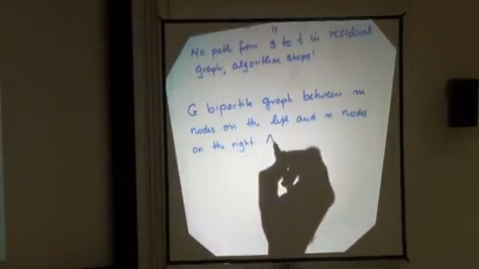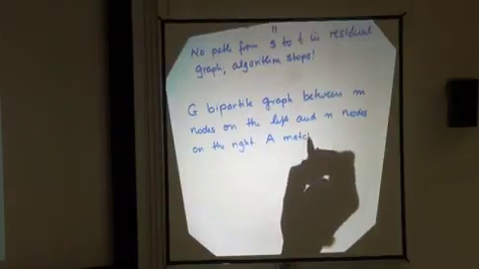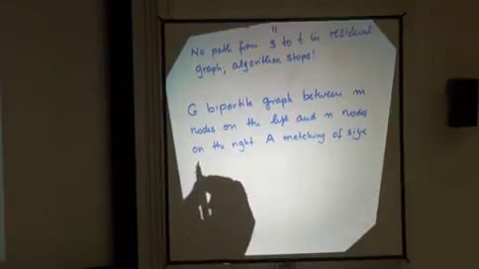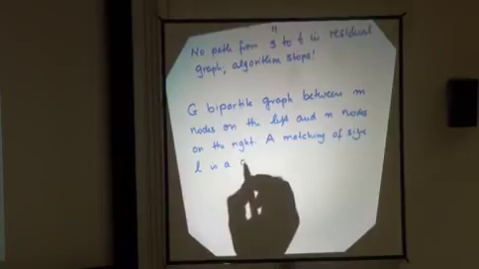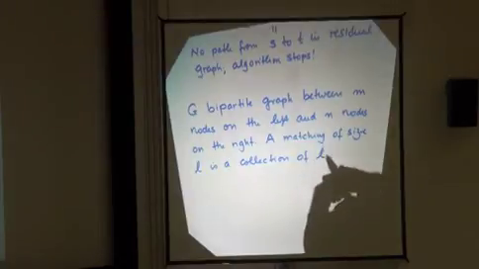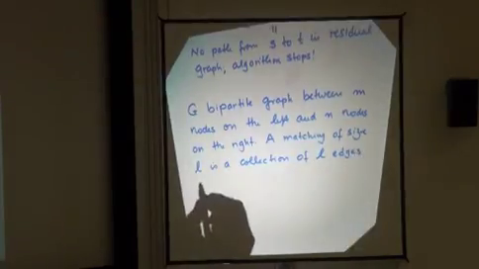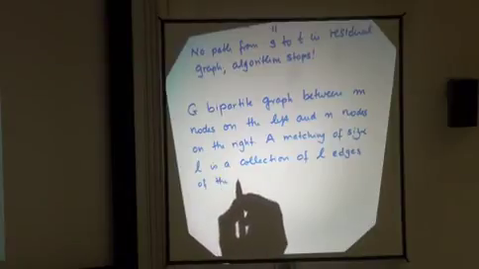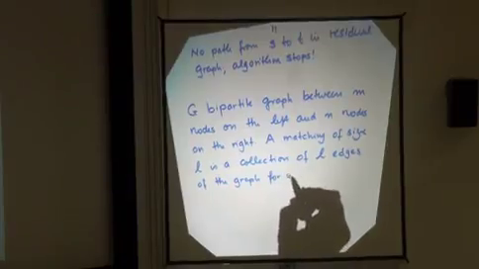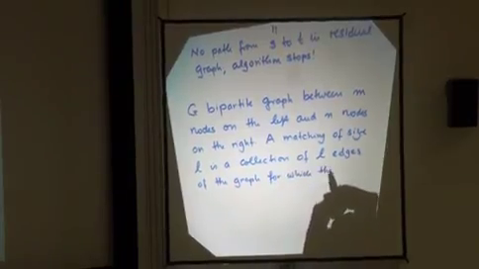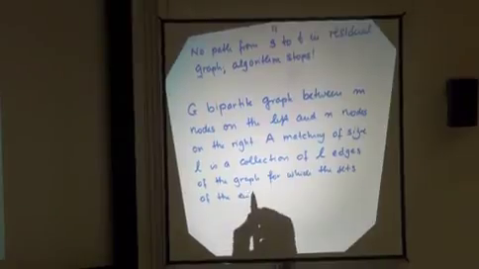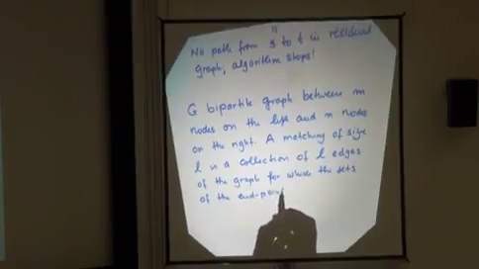A matching of size L is a collection of L edges of the graph for which the endpoints are disjoint. The sets of the endpoints are disjoint.